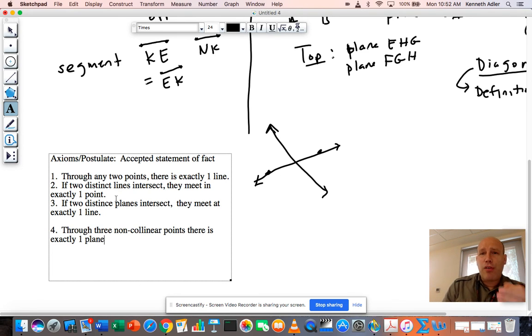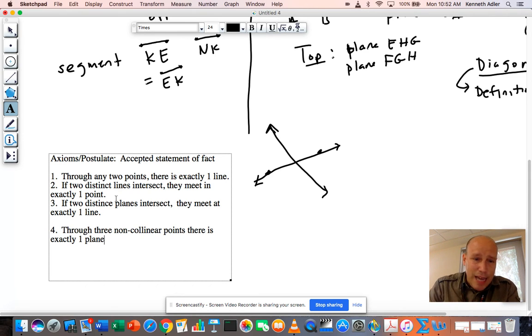And that's how a three-legged stool works: you have the 3 legs and you put it on the floor and it doesn't fall over, because there's only 1 plane that it passes through. So you can have a 3-legged stool, a 4-legged stool, but you can't have a 2-legged one. If you have 2, you're going to have a problem. So 3 is the minimum legs you need so that your chair doesn't fall over.